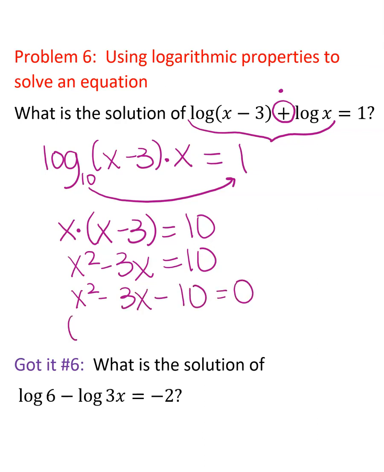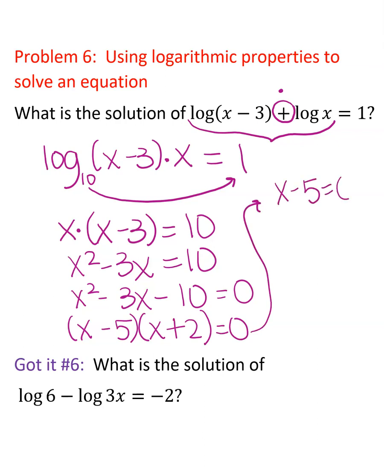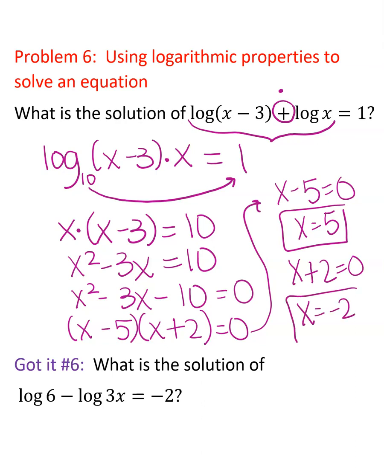We're going to solve by factoring. Oh, not 7. Minus 5 plus 2. Solve each one by setting each one equal to 0. So x is going to equal 5, and x plus 2 equals 0. X will equal negative 2.